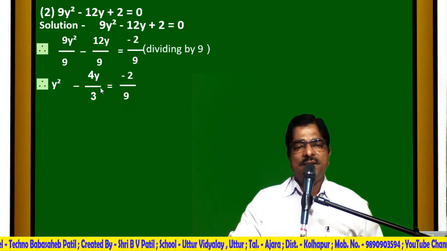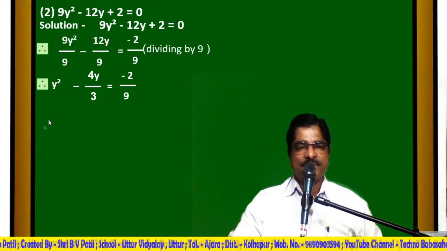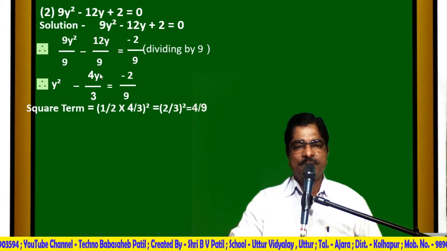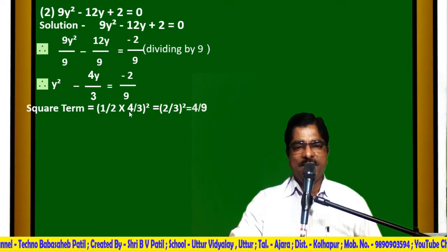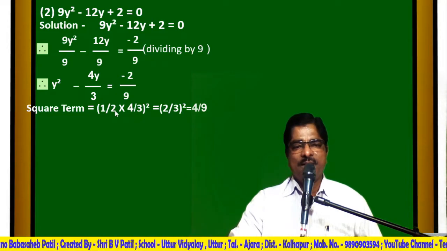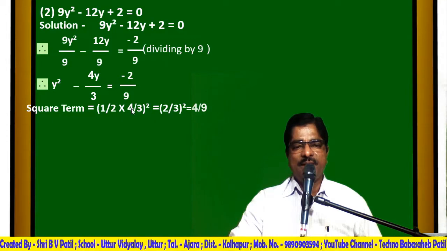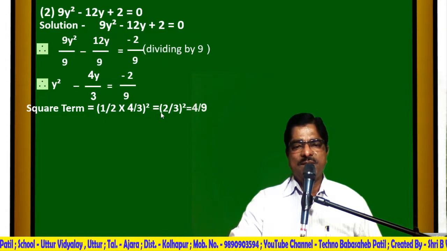Then here we want the third term, that is the square term. The square term is equal to 1 upon 2 into the coefficient of the variable y, which is 4 upon 3. Here we get 4 upon 3. Then after simplifying, 2 divides 4, 2 twos are 4.